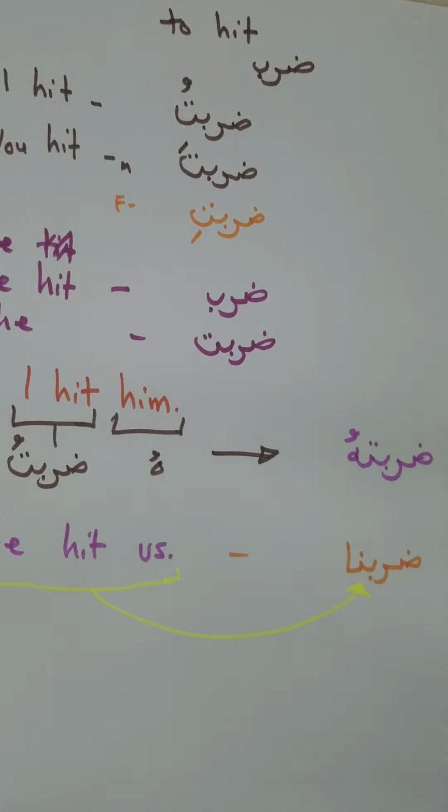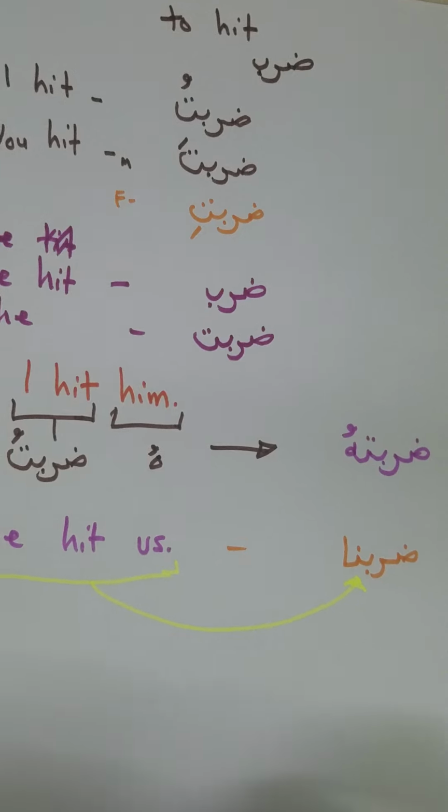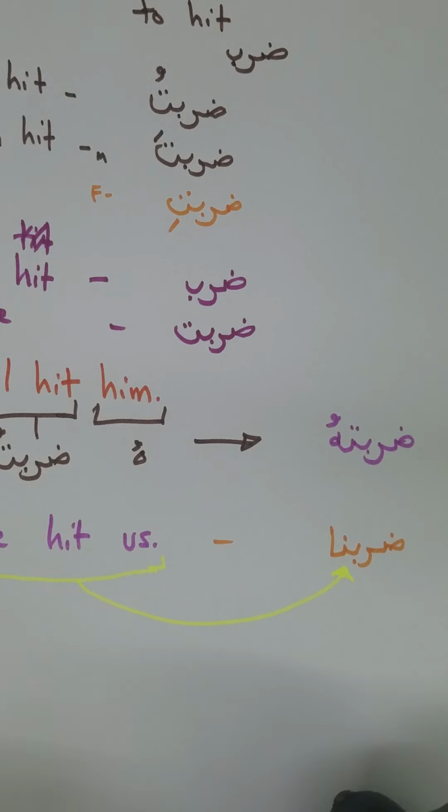So I want you to look at these specifics, go back and see when do we use darabtum. What is darabtum? Tum. Then you know it is saying, you all hit.